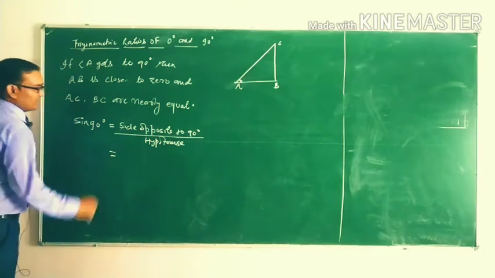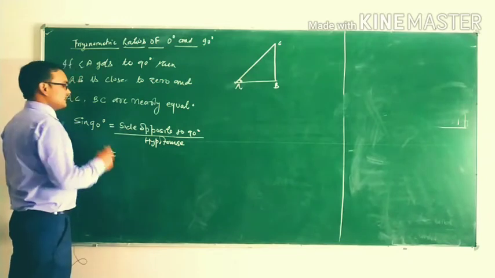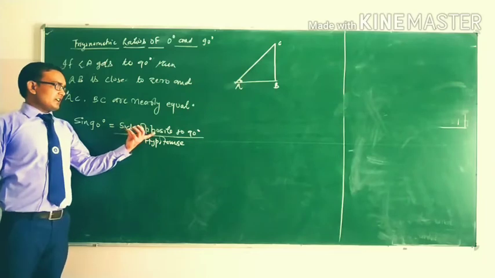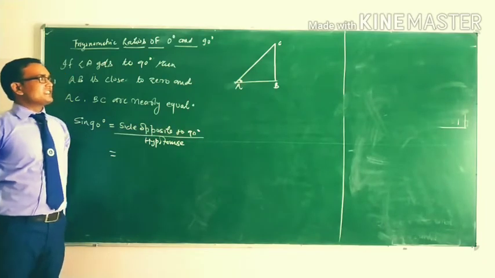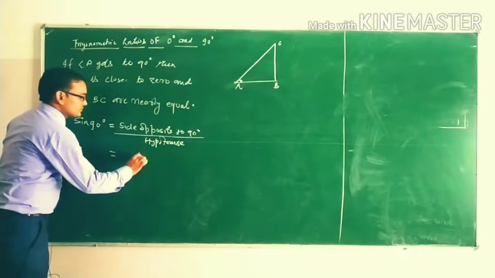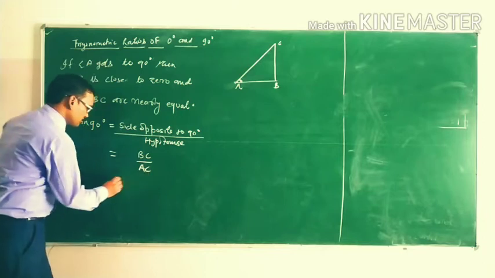The side opposite to 90 degrees is BC and the hypotenuse is AC.